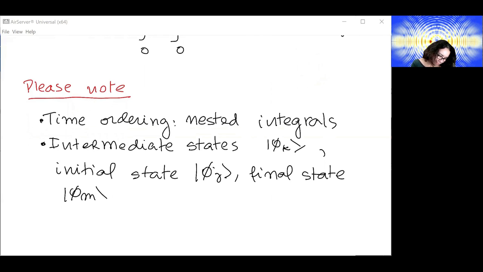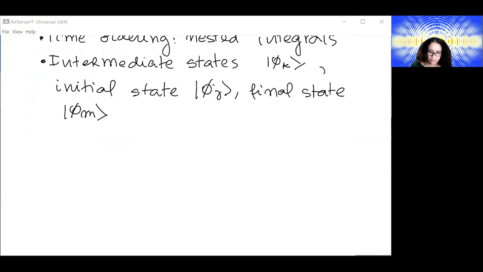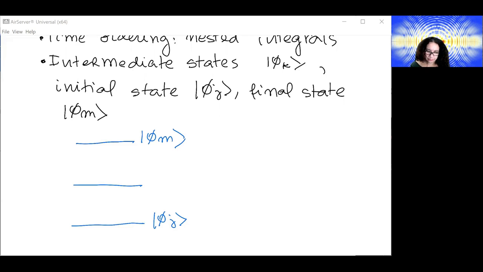If you want to think about it, a very interesting example is when you have a 2-photon transition and you have something intermediate. It can be virtual or it can be real. You have phi j and you have phi m, and you go like this, from here and then from here.